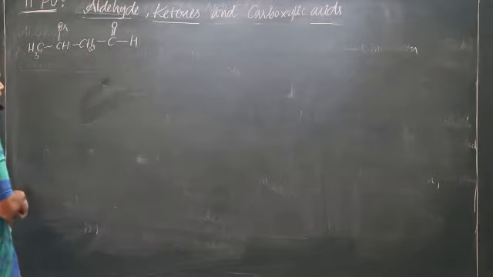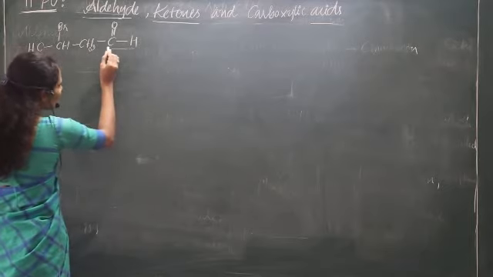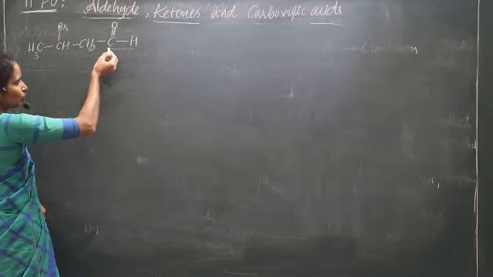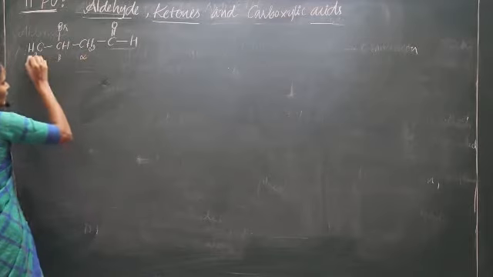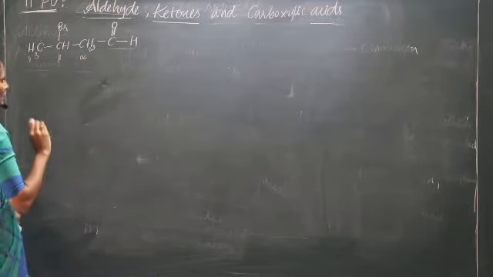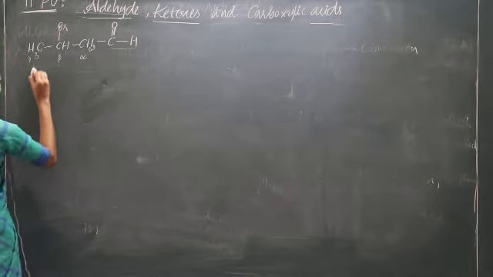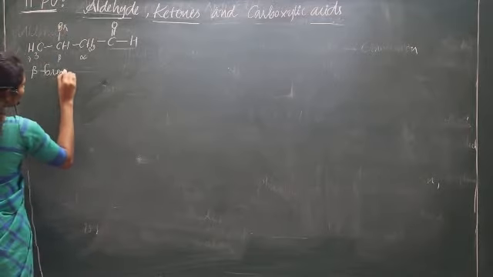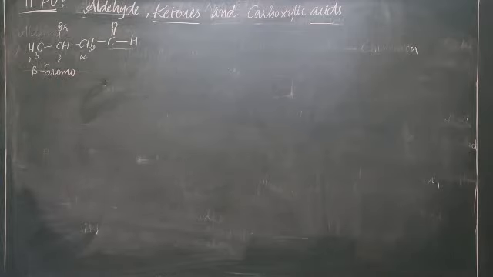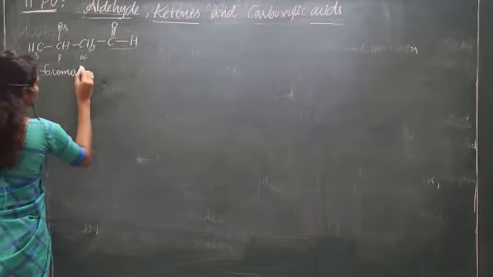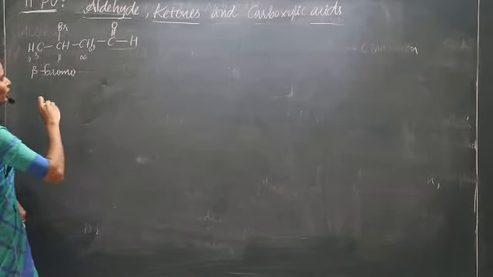Now, in the common system of nomenclature, as I said, here the functional group is aldehyde. The carbon next to the functional group is the alpha carbon. After that, beta, next is gamma. At beta, bromo is there. Hence, the name of this compound is beta bromo. How many carbon atoms are there? 1, 2, 3, 4. Hence its acid is butyric acid.